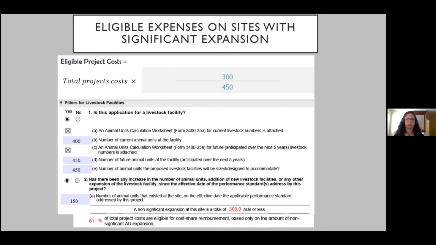For large scale, it has to be agricultural in order to be eligible. If you're in a TMDL area, you do have the ability to apply for an urban TMDL trim project for stream bank restoration if it's not greater than 50% ag.